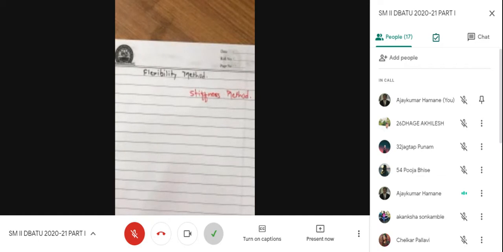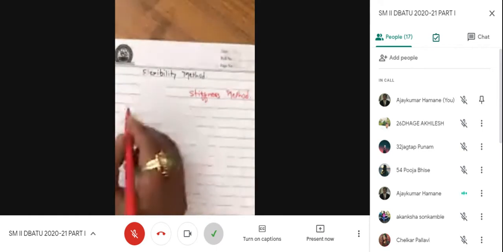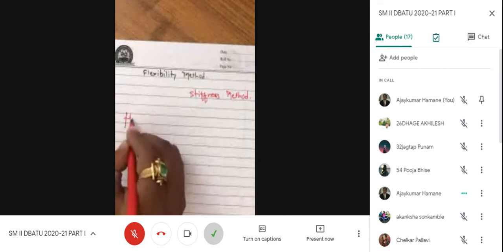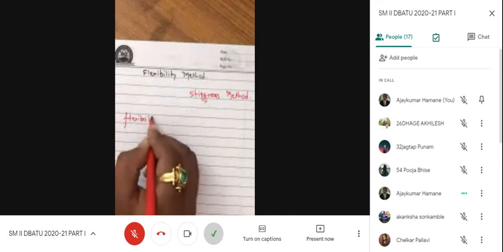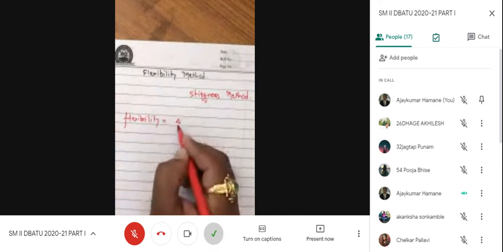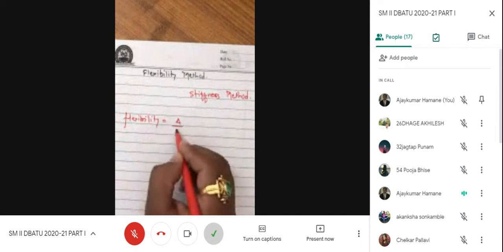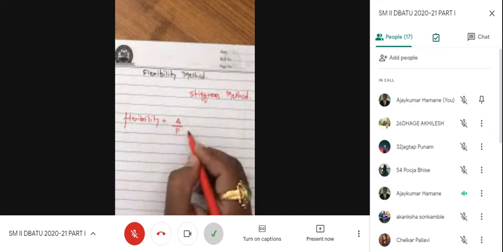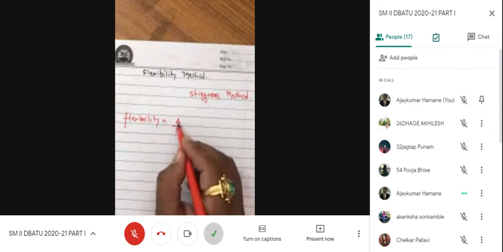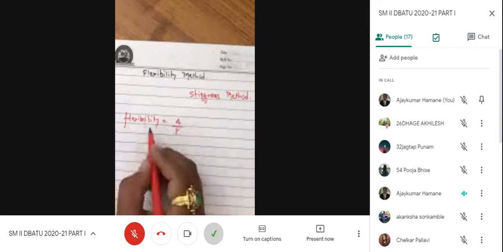A displacement caused by the unit force. When P equals 1, it becomes delta. So that is called flexibility.